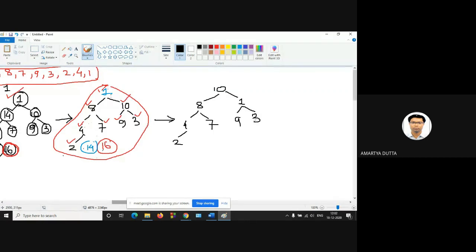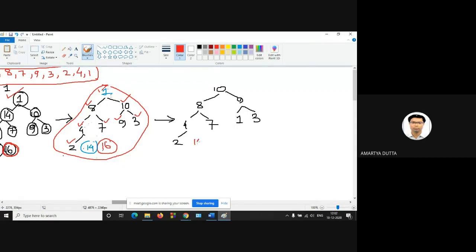Now according to the max-heapify function, this one is replaced with which one? 9. This is 9 and this is 1. Is it clear? Yes, sir.